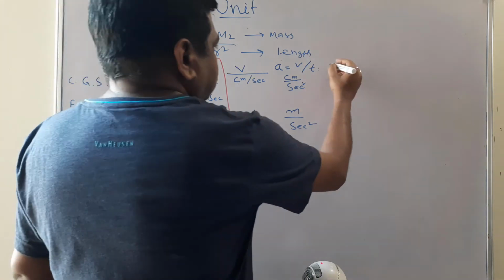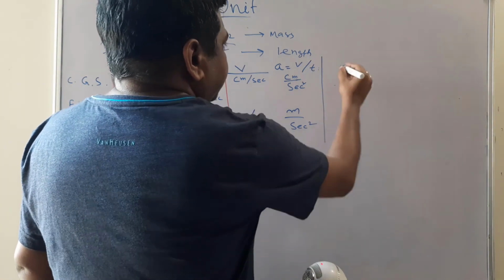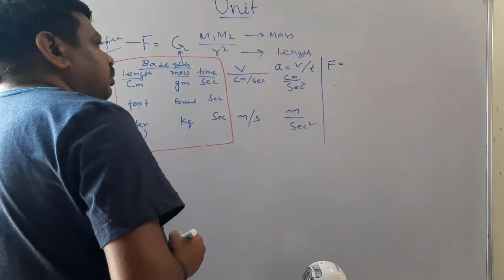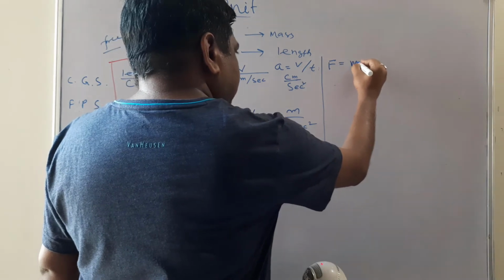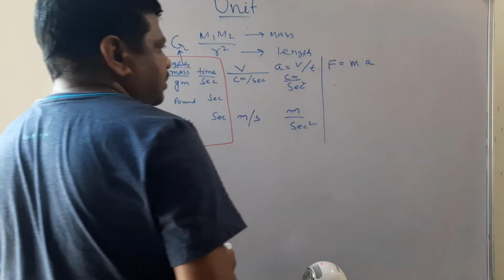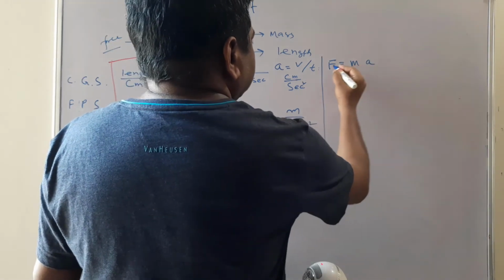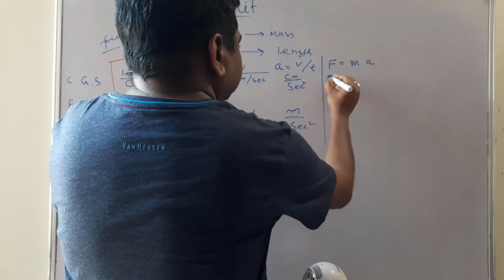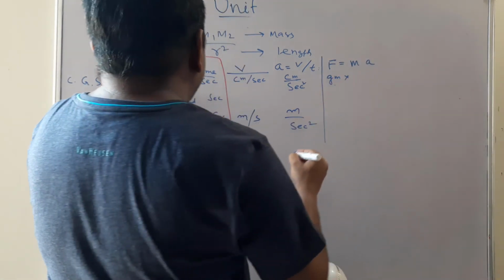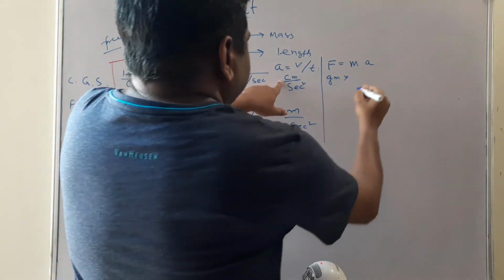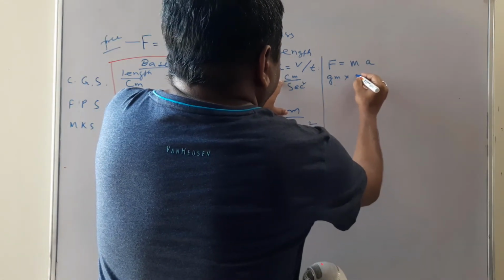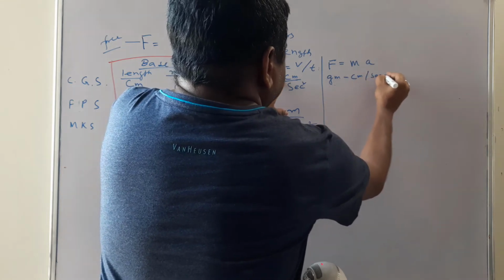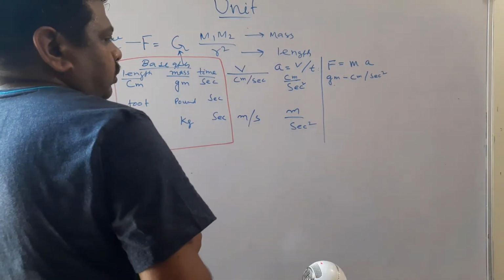Now try to calculate the unit of force. Force equal to mass into acceleration. So here mass is gram and acceleration is cm per second square, so you can write it this way, gram cm per second square.